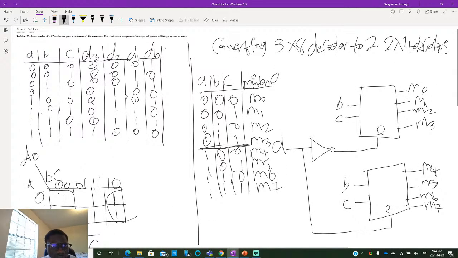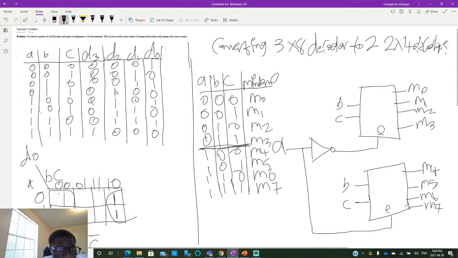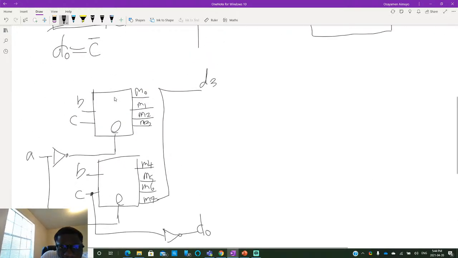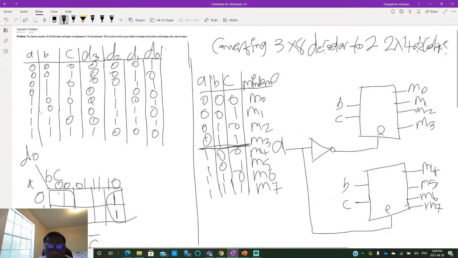And then for D2, we pick minterms 3 to 6, and we put a massive OR gate, and that is D2.